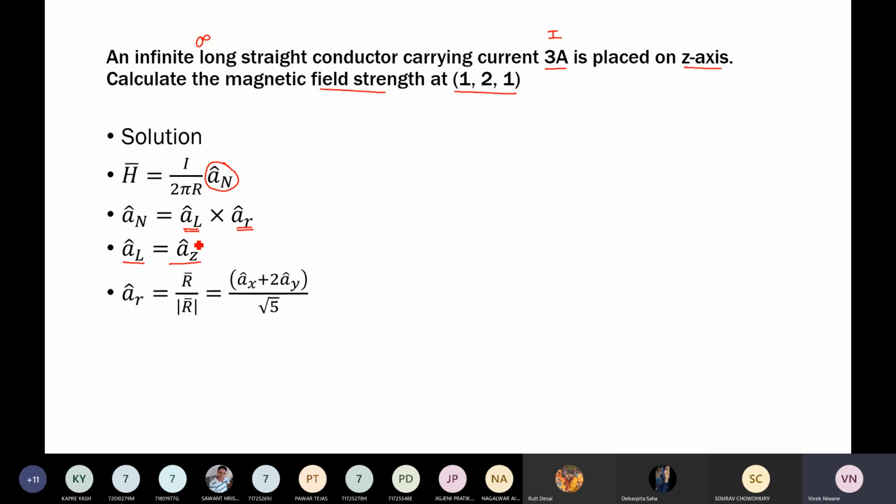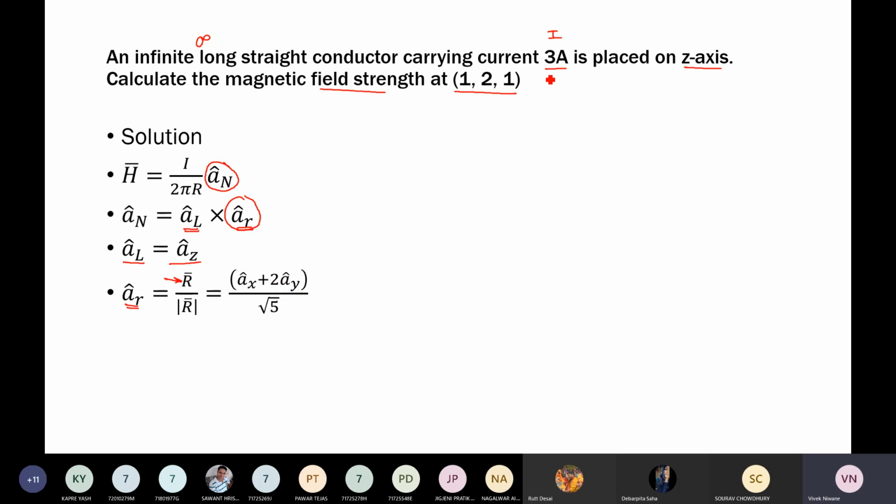So now we need to evaluate the radial vector, that is AR cap is equal to r bar upon magnitude of r bar. This is a unit vector along the vector r bar. So how you are going to calculate r bar, which is ax cap plus 2ay cap?